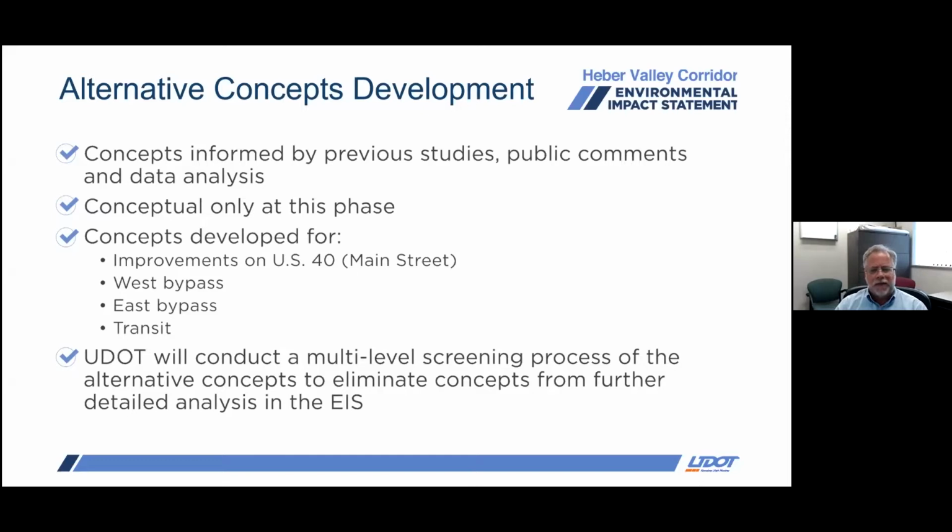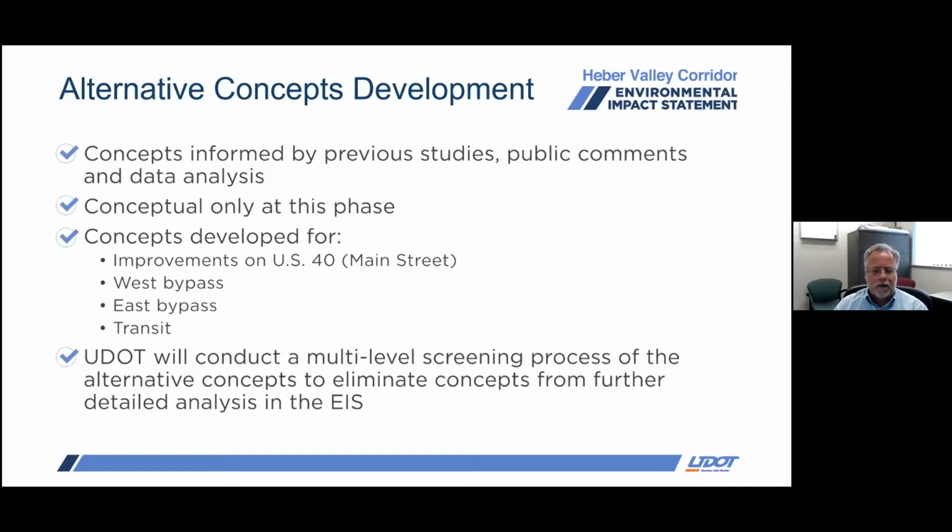We recognize that there are a number of ways that we can improve mobility on US 40. One of those ways is we can make improvements directly to US 40, and we have a number of alternatives that I'll be showing here in a few minutes that do that.